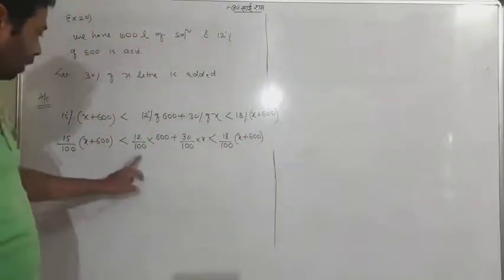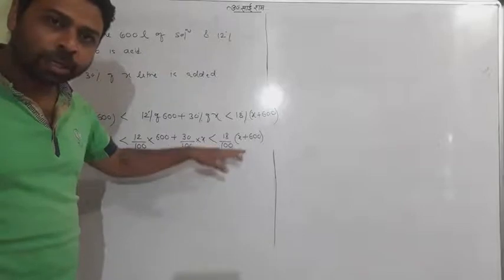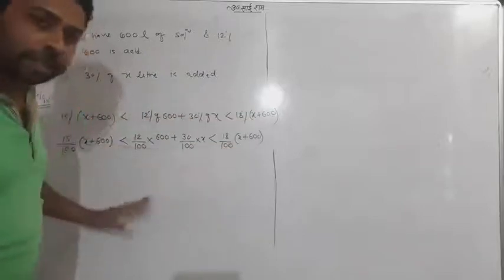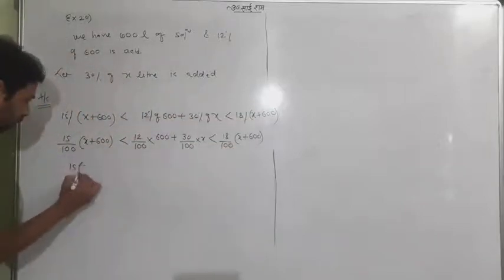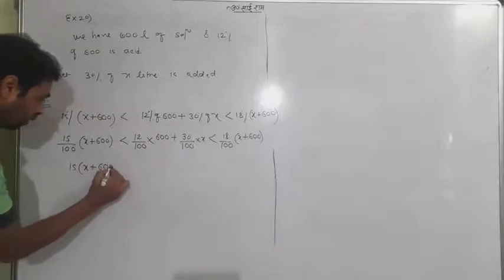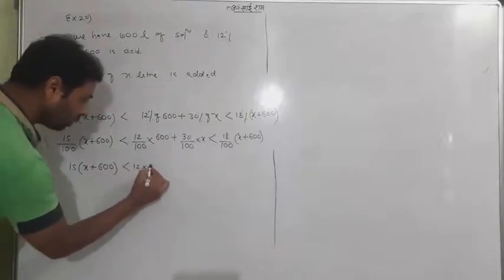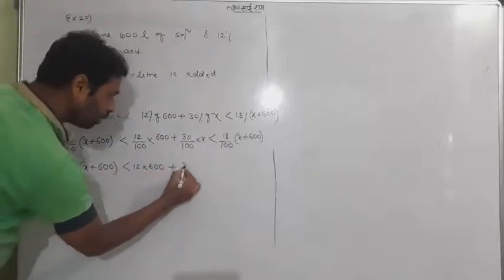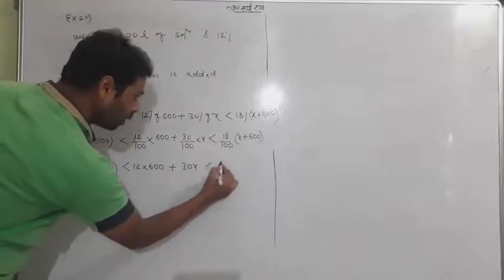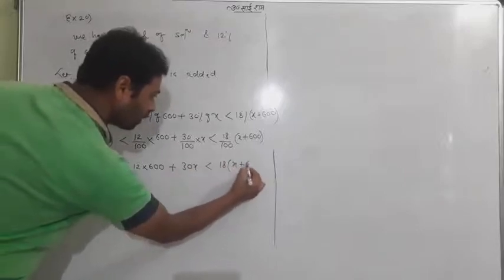Now we multiply by 100 all the way, so the 100 will cancel. So it's 15 into (X plus 600), 12 into 600 plus 30 into X, 18 into (X plus 600).